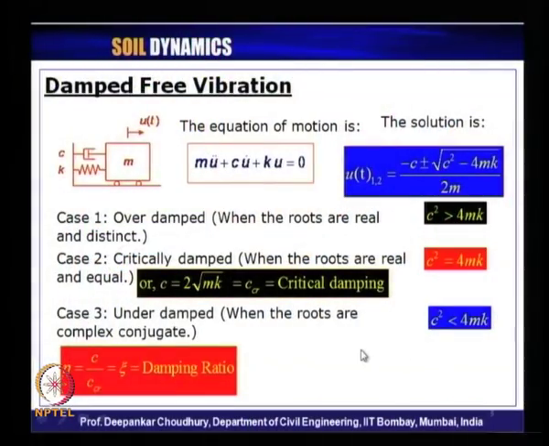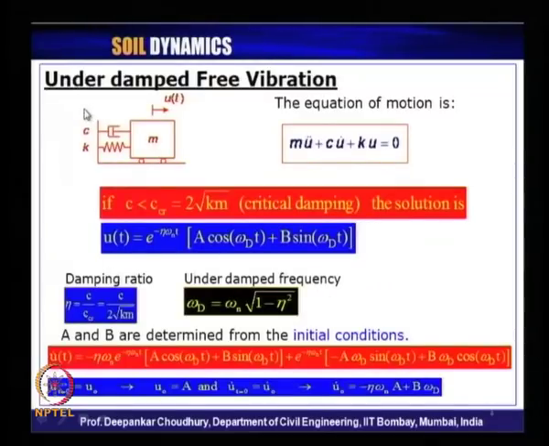Now let us look at the slides with all these results that I have obtained just now. The last solution only is shown here, the underdamped free vibration case, with the condition that c is less than the critical damping constant c critical.